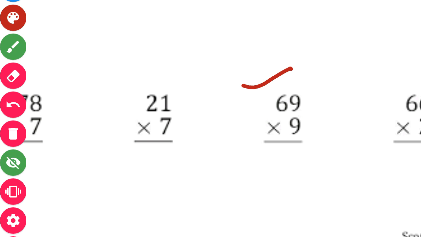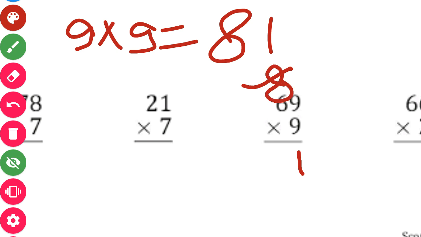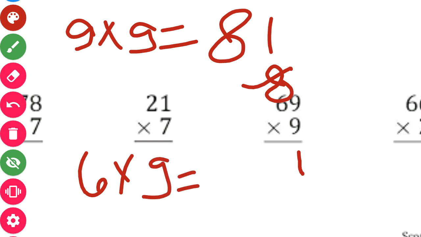Okay, let us do it. So here we are having 9 into 9. So 9 nines are 81. So we will write here 1 and we'll put a carry 8 at the top. Now at tens place we are having 6 into 9. So 6 into 9 will give us 9 sixes are 54.